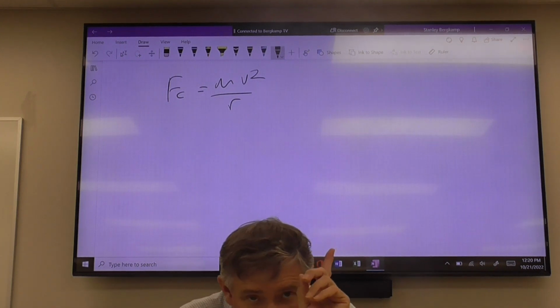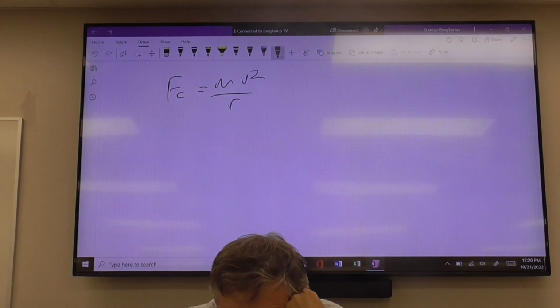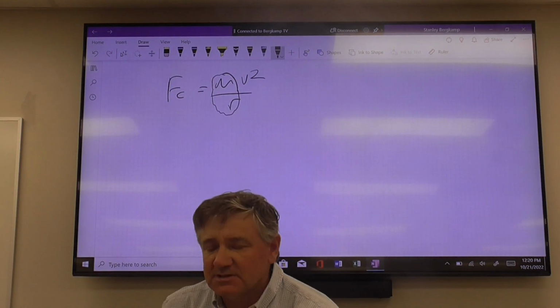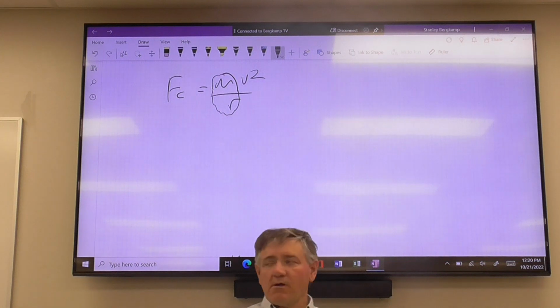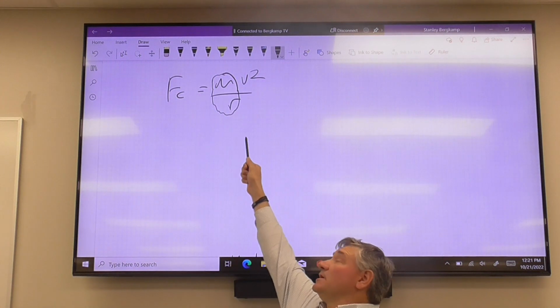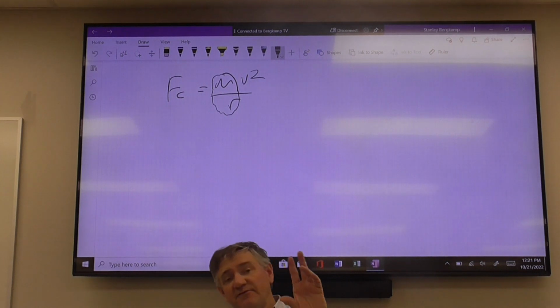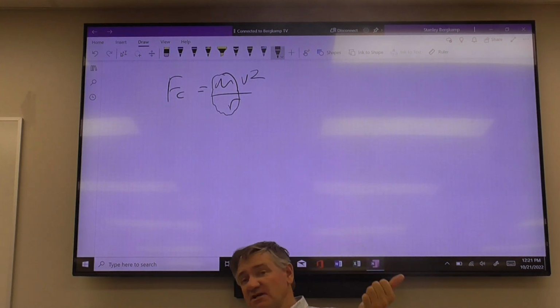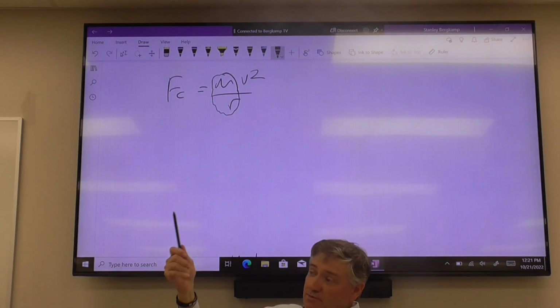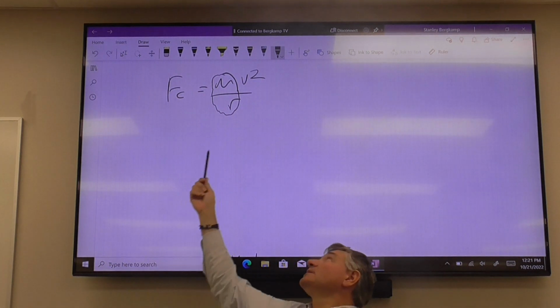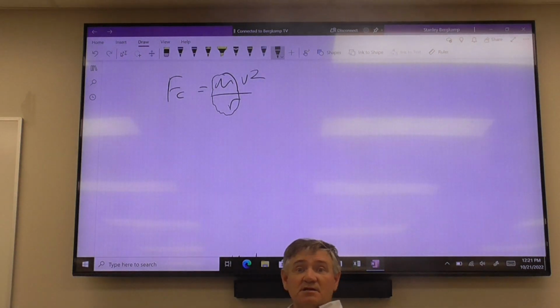On trials 1 through 4, the mass of the stopper and the radius are going to be a fixed ratio. You're not going to change the mass of the stopper, and you're not going to change the radius. So if you really wanted to get fancy, you could have that as a constant.